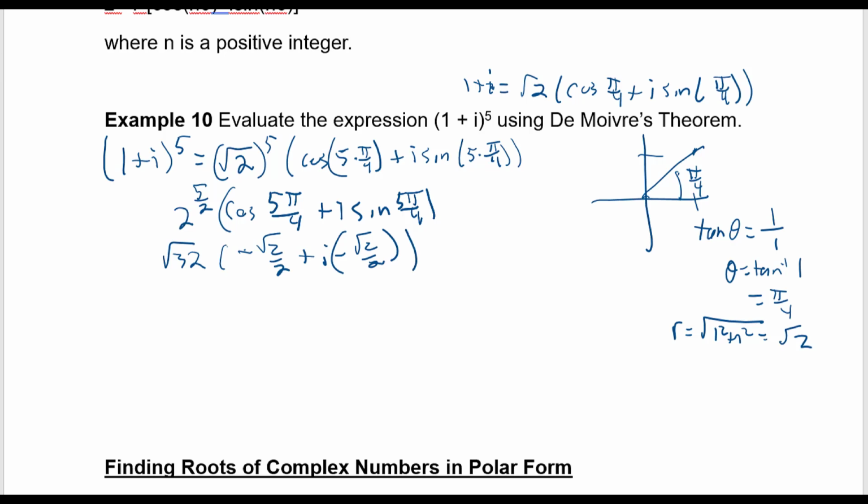So this square root of 32 is 4 times the square root of 2. And then we multiply that through negative square root of 2 over 2 plus negative square root of 2 over 2 times i.